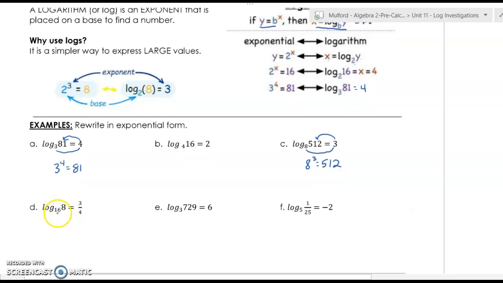Even with fractions, I can do that. Log base 16 of 8 becomes 16 to the 3/4 equals 8. Log base 5 of 1/25 becomes 5 to the negative 2 equals 1 over 25. Again, using our negative exponents, we know that's true because that negative 2 exponent is going to bring it down to the bottom.